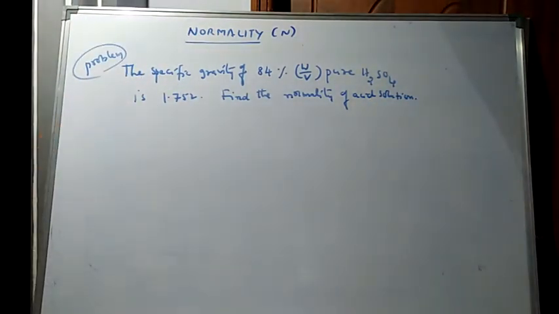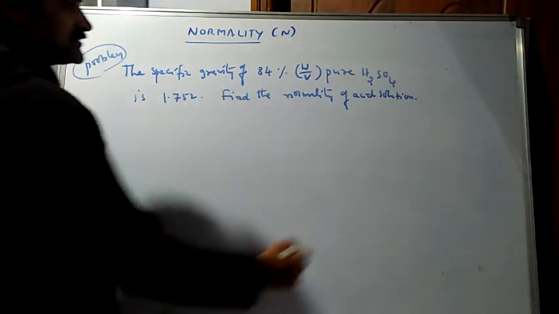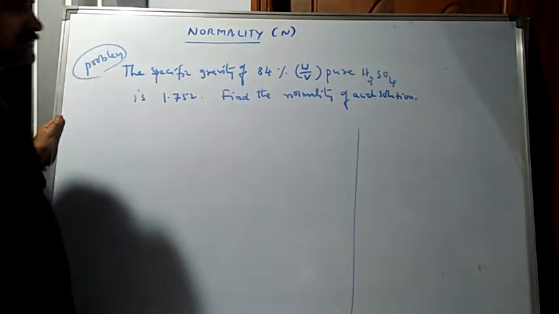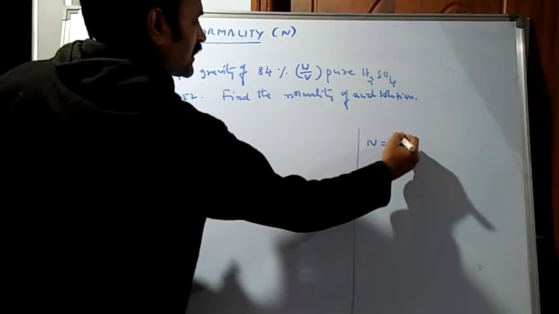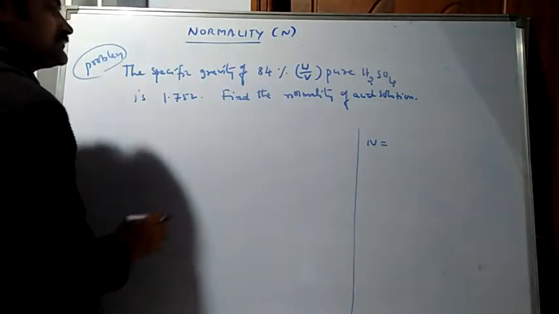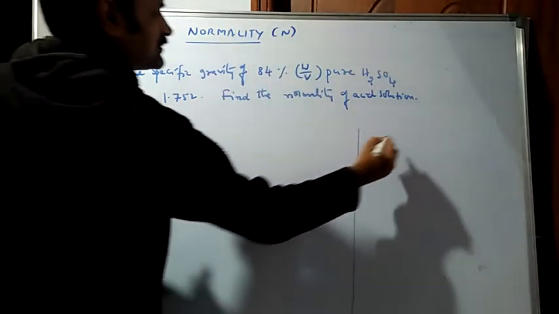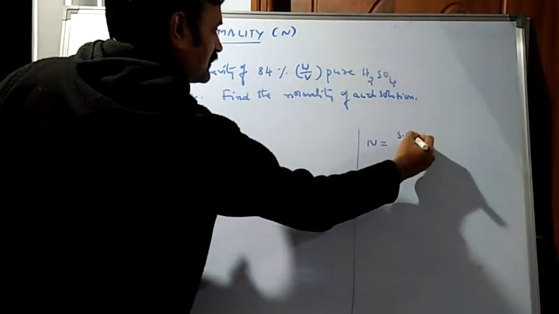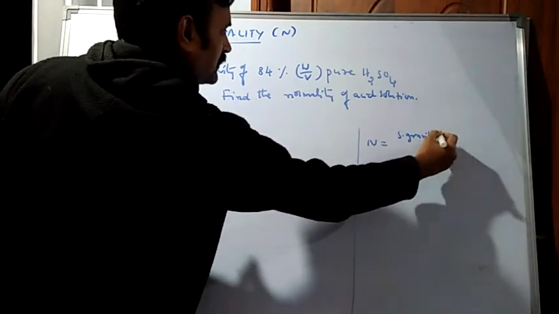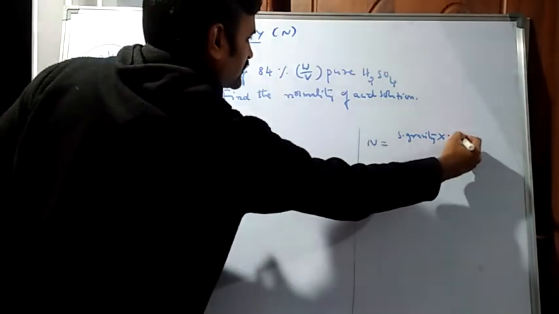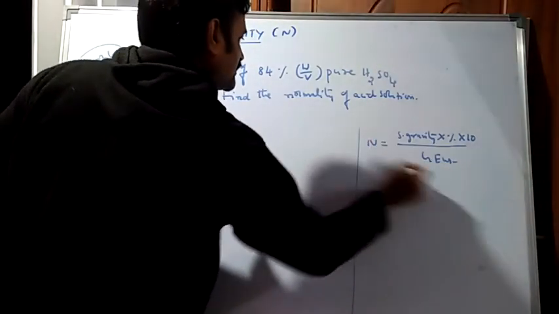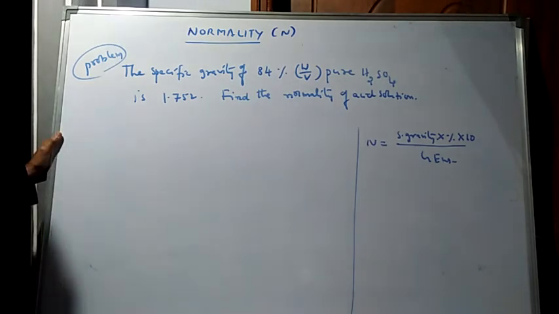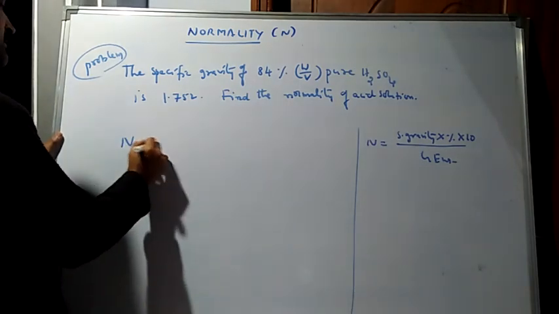See, whenever this type of problem comes, we have one more shortcut. Normality can be calculated using this formula whenever specific gravity or density is given.